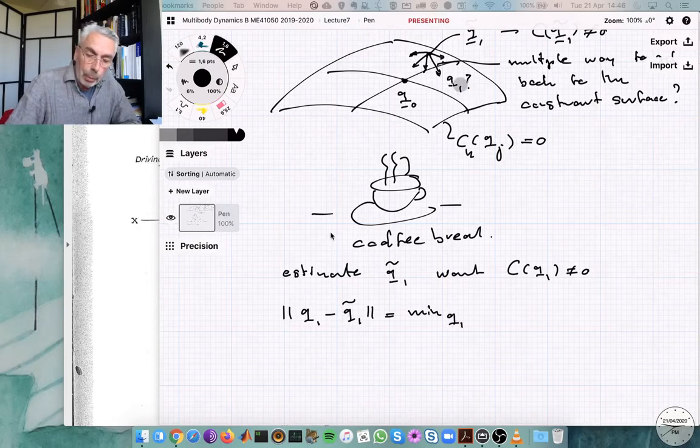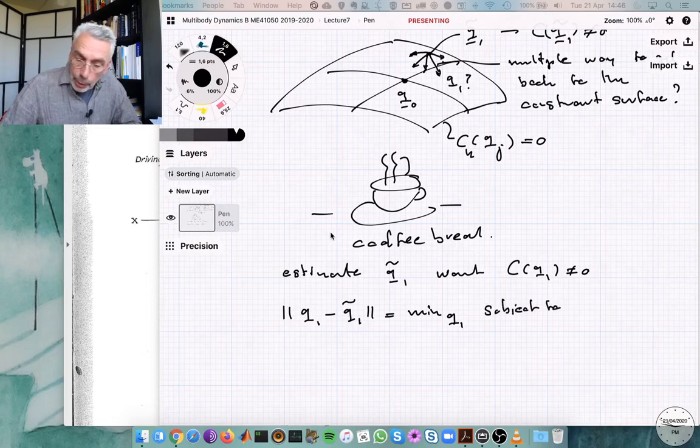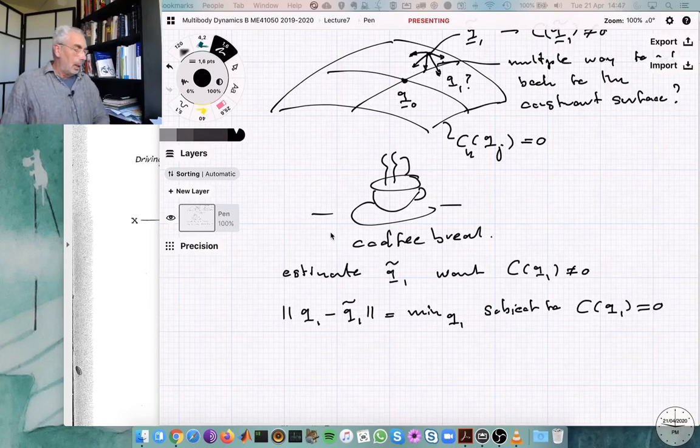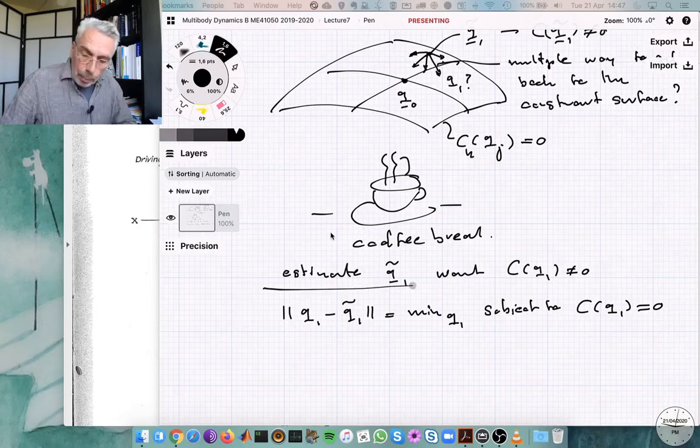So we want to choose Qj such that this norm is minimal, subject to, of course, the constraint. Subject to, oh, that's an i, should be 1, subject to this being on the surface. So this is the problem we have to solve.